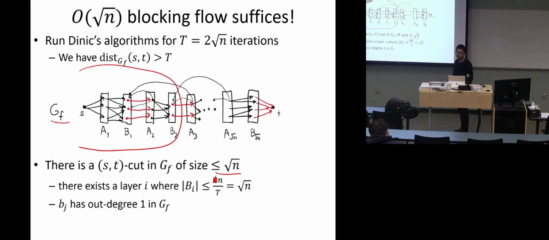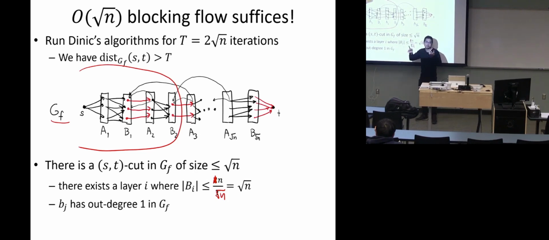Yeah, actually this is true. So the number of nodes in Bi is just, maybe t over 2. The number of nodes in B in total is just n, but there are root n many layers of B's.